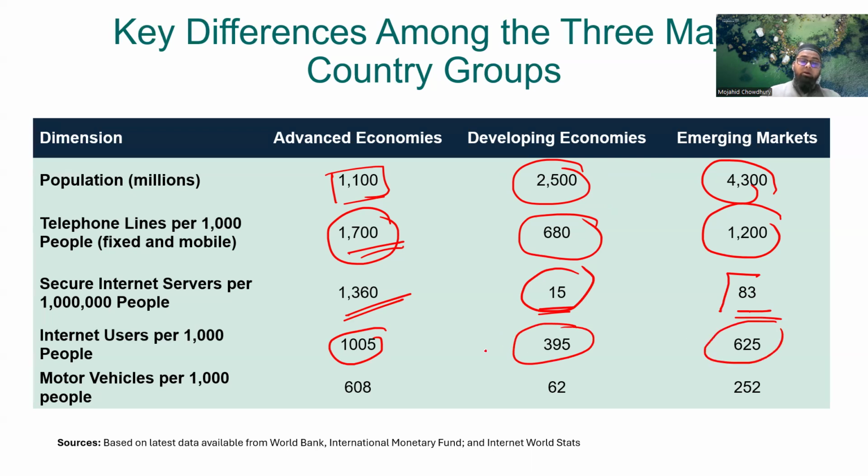Motor vehicles per 1000 people: 608 people have their personal motor vehicle. On the other hand, in developing economies only 62 people per 1000 own a motor vehicle. And 252 motor vehicles are owned per 1000 people in emerging markets.